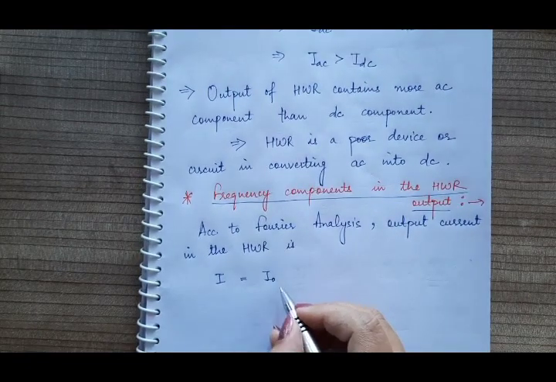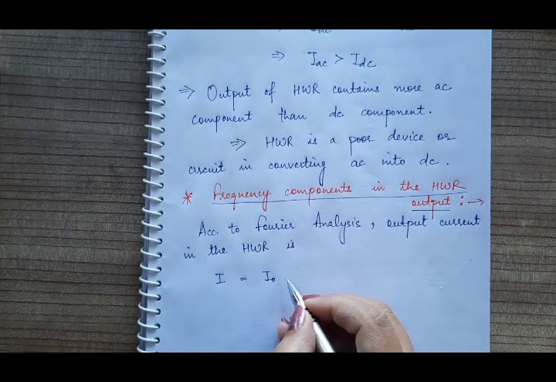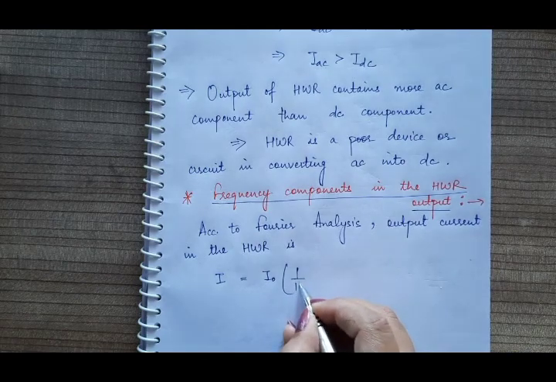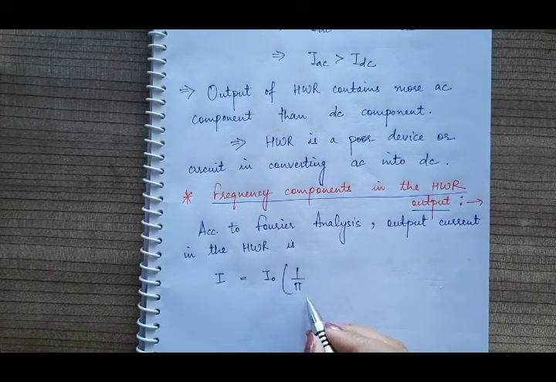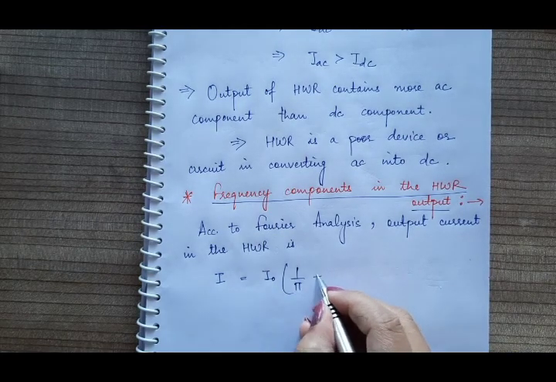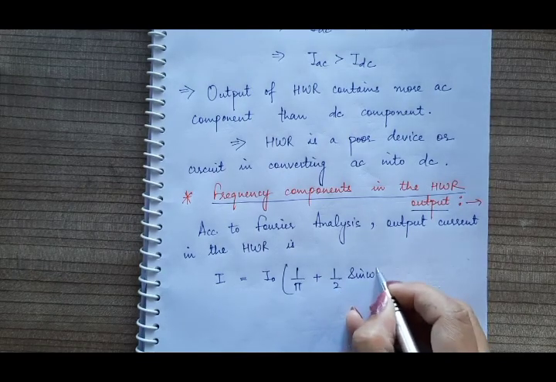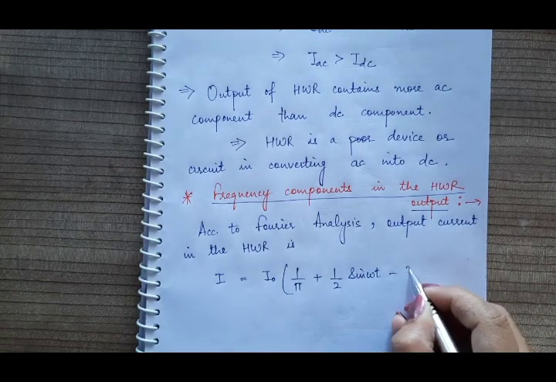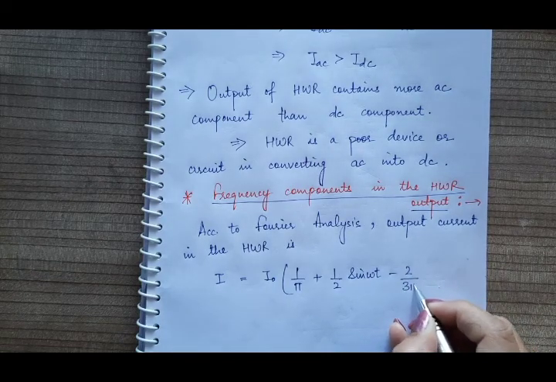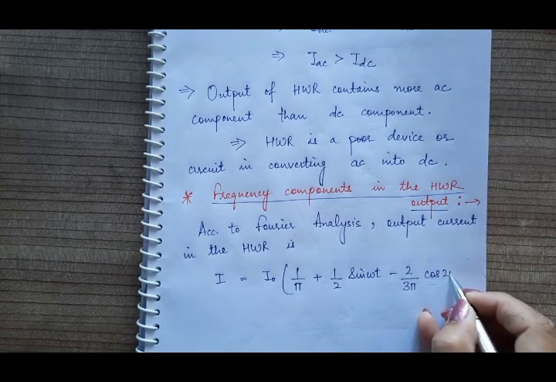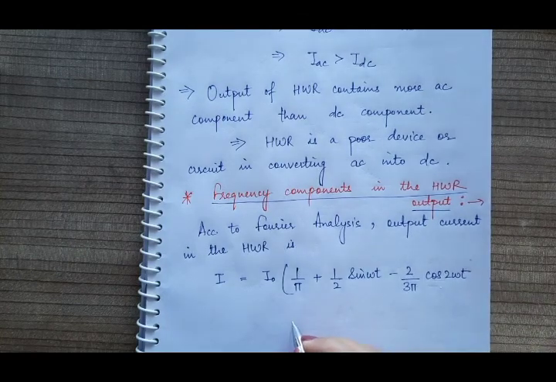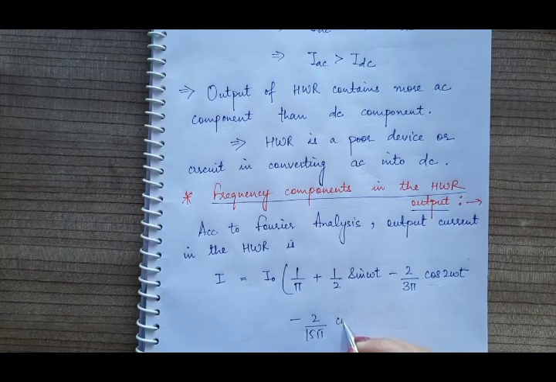So I is equal to I naught times 1 by pi, this is the DC component I naught by pi, and there are other AC components: I naught by 2 sin omega t, 2 I naught by 3 pi cos omega t, minus 2 I naught by 15 pi cos 4 omega t, and so on.